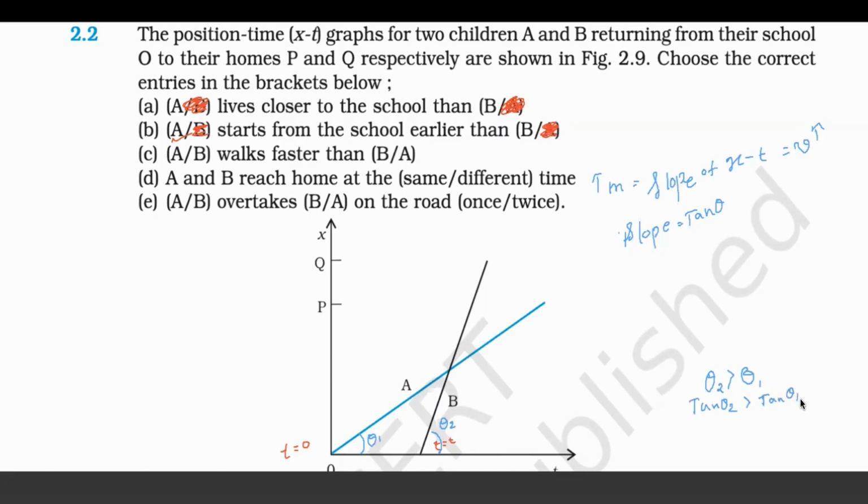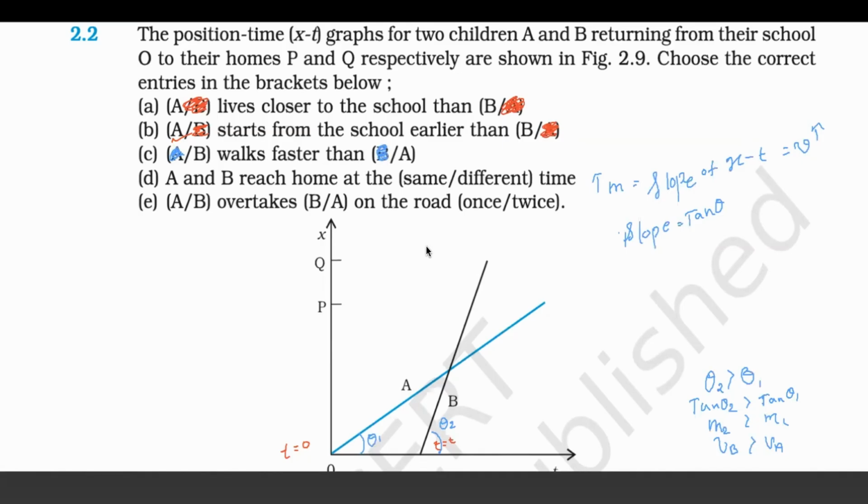Since tan theta 2 is greater than tan theta 1, whose slope will be higher? This is m2, this is m1, so the slope of B is higher. So the velocity of B is more than the velocity of A. Hence B walks faster than A.